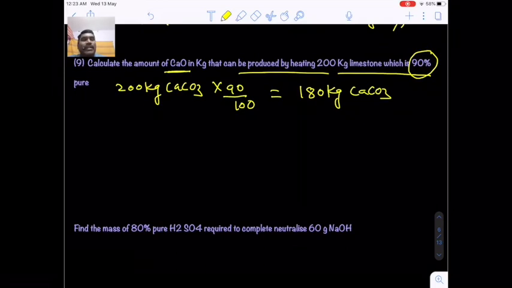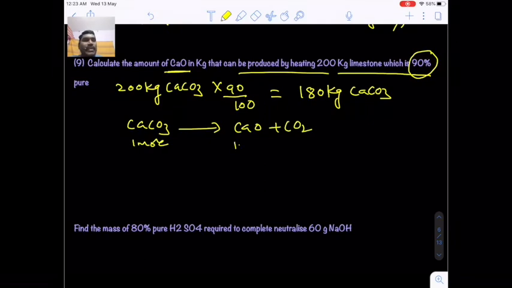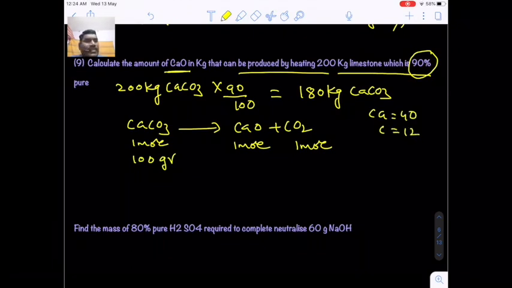Now, the decomposition of limestone, that is CaCO3, gives what? CaO plus CO2. 1 mole of limestone will produce 1 mole of quicklime and 1 mole of carbon dioxide. Yes or no? Now here 1 mole is nothing but the molar mass. Calcium atomic mass is 40, carbon atomic mass is 12, and each oxygen atomic mass is 16. Now here CaO will be 56 grams.